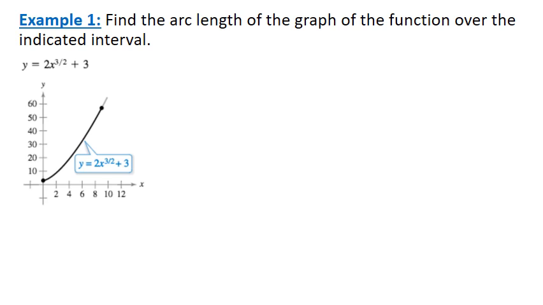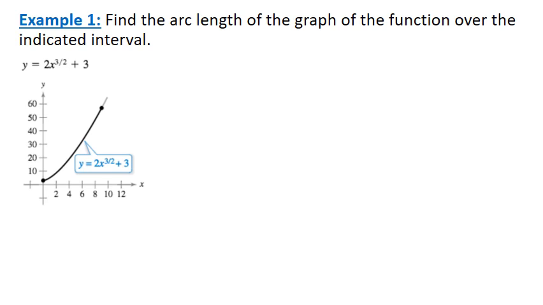Here it says find the arc length of the graph of a function over the indicated interval. So here we have this function, 2x to the 3/2 plus 3. Now, this isn't a straight line, so finding the length of this is more challenging, and it involves calculus.